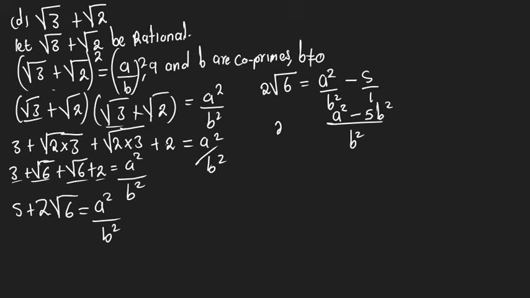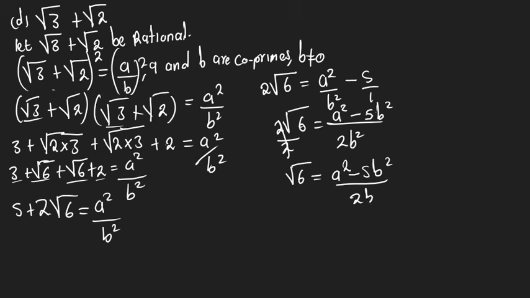And that is going to be 2 root 6 equal to that. Then we can divide by 2, even here by 2. You're going to have the square root of 6 equal to a power 2 minus 5 b power 2 over 2b power 2.